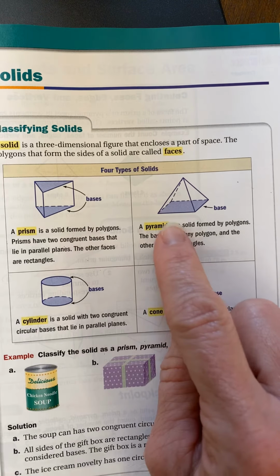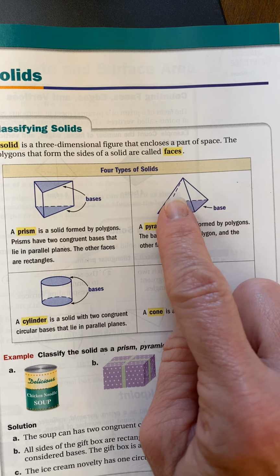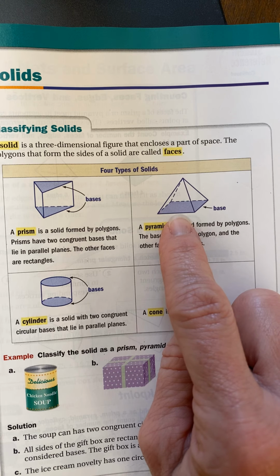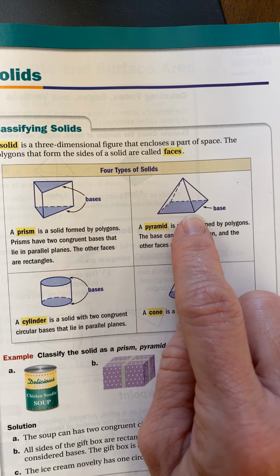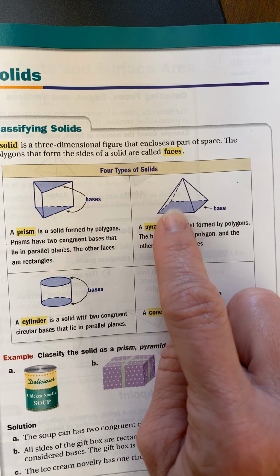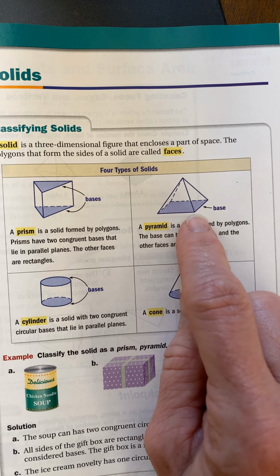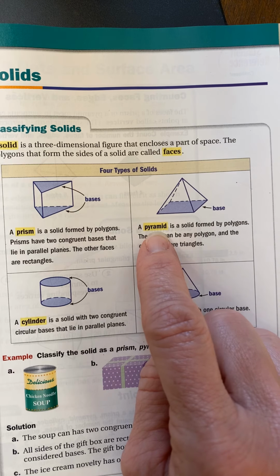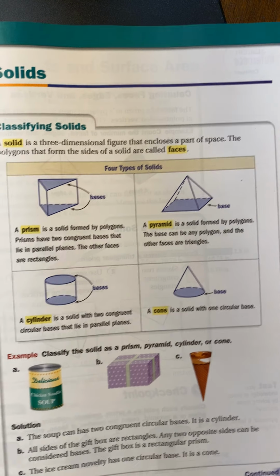Now, if you start with a polygon for a base, whether it be a quadrilateral or a triangle or any shape, you can have a hexagon or an octagon. But if the sides don't go straight up, they go to one point, then that's called a pyramid.